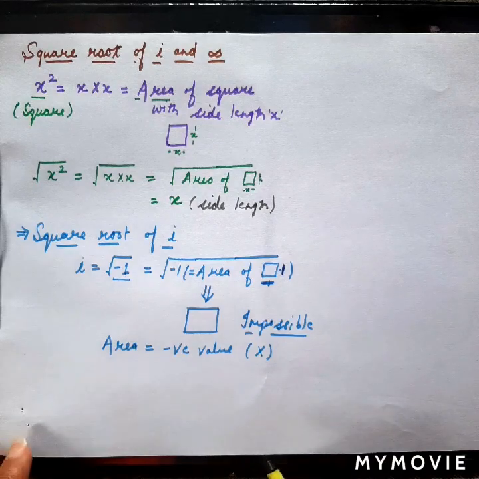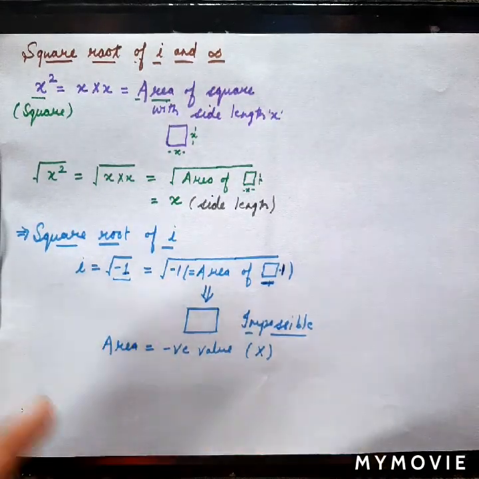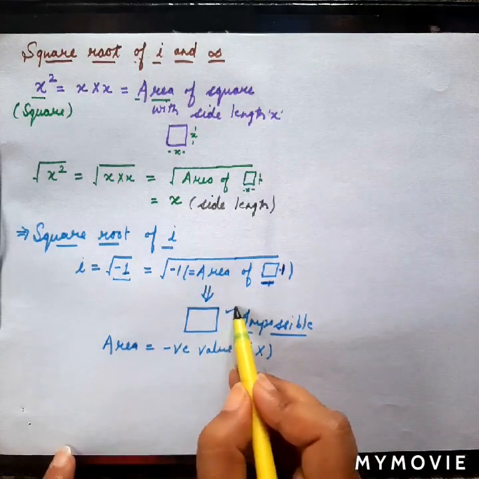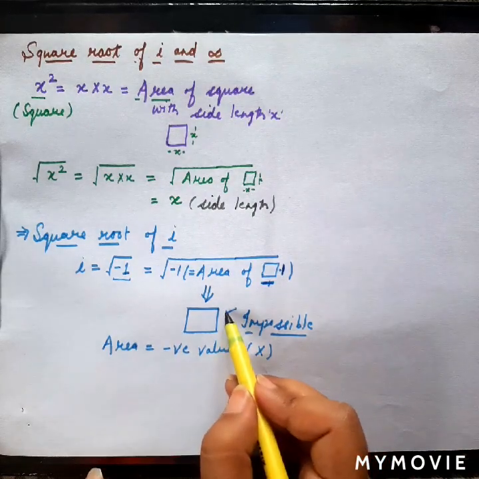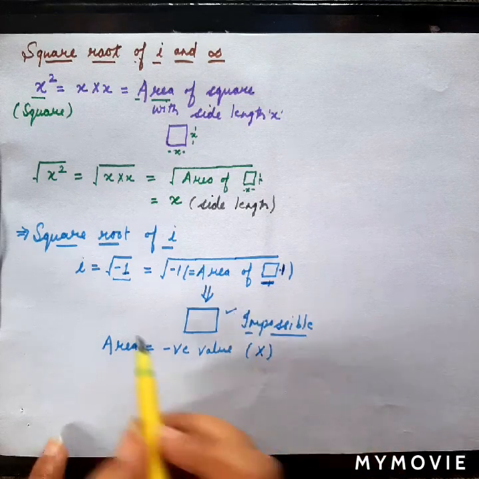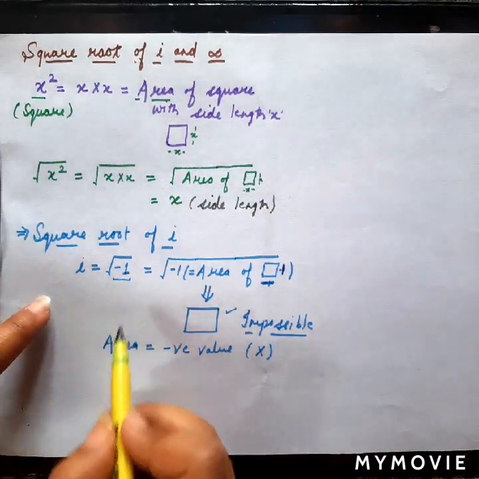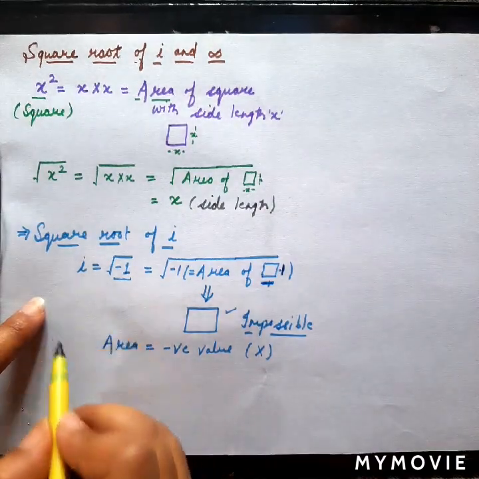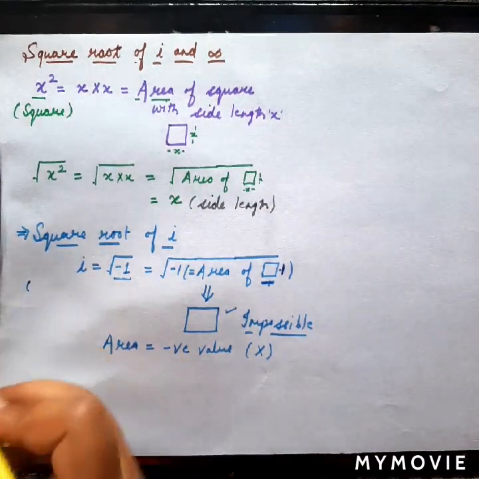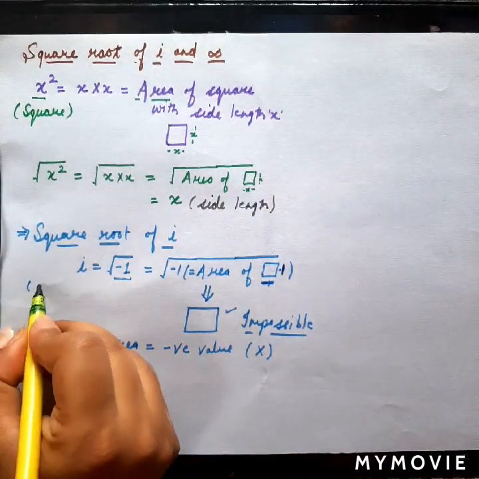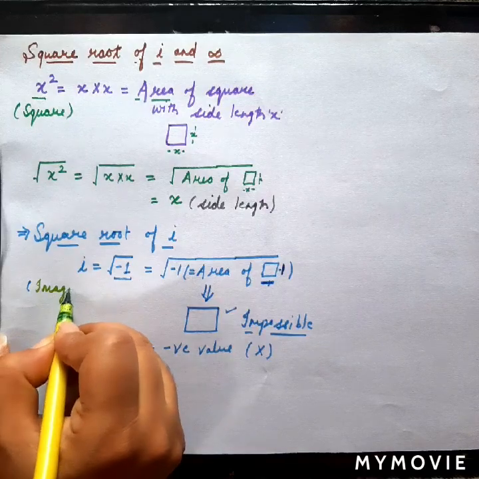So what we can say is that its value is not defined. We cannot define this value, we cannot create this square with negative area, so we cannot define this value of -1. That is why practically it is not important, so we have given this value another name, which we usually say like this is imaginary number.